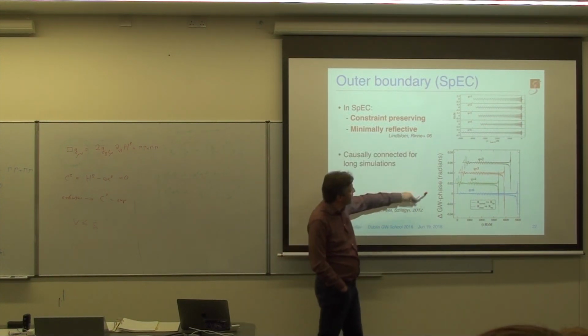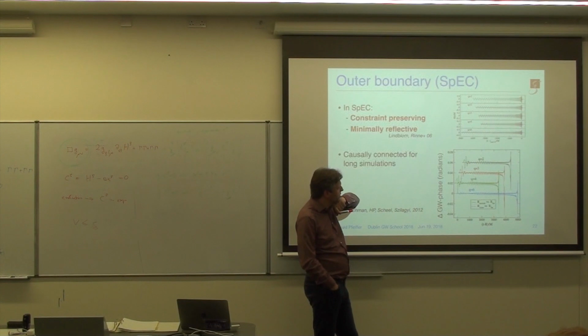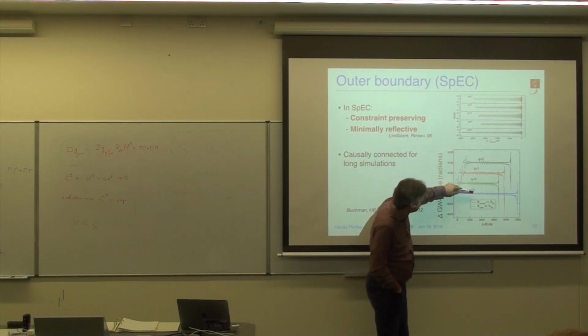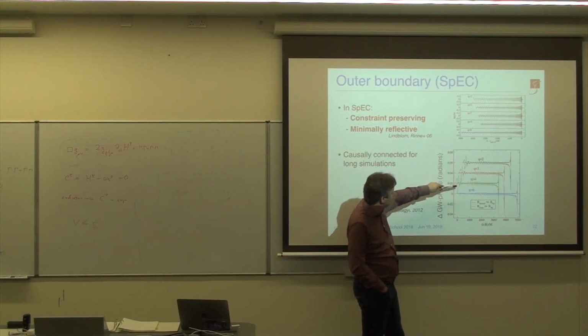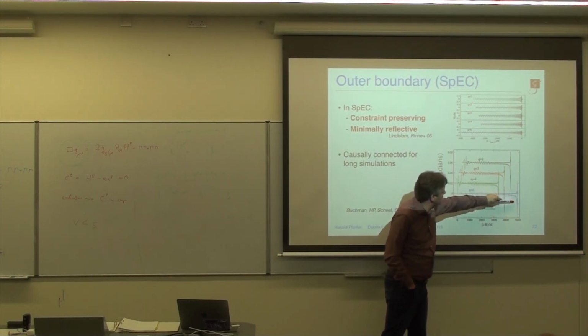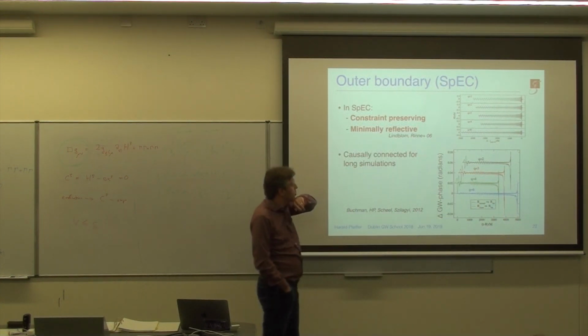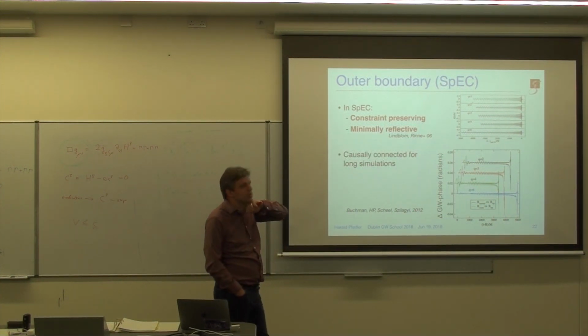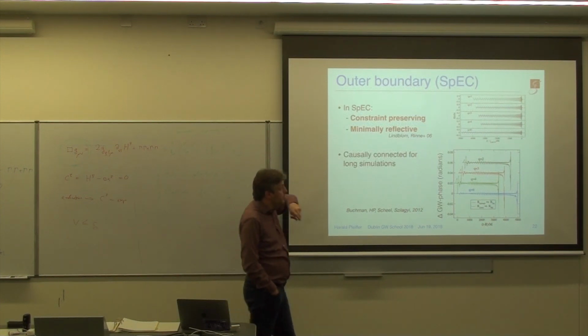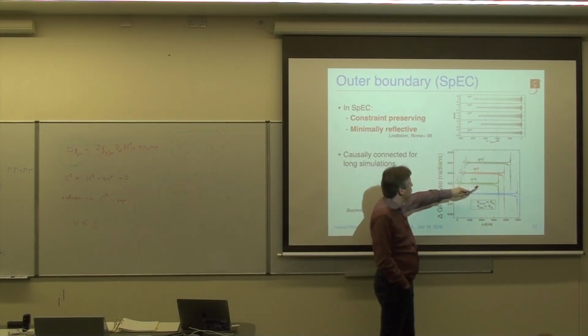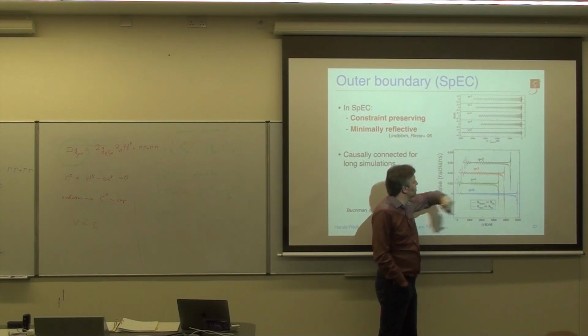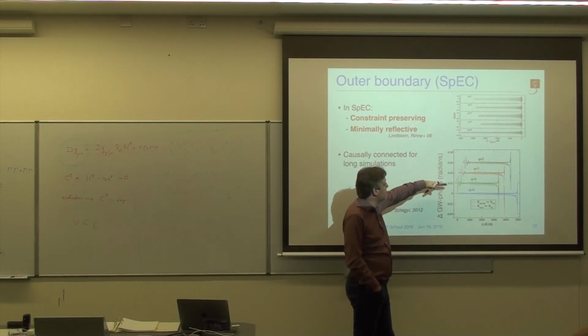What's shown here is the difference in the gravitational wave phasing between the different simulations. The dashed lines that are going down a little bit are the phasing differences between outer boundary at approximately 400 M and approximately 600 M. And you see those go down to about 0.01 radians or so towards the merger. The different curves here are offset from each other for ease of plotting.